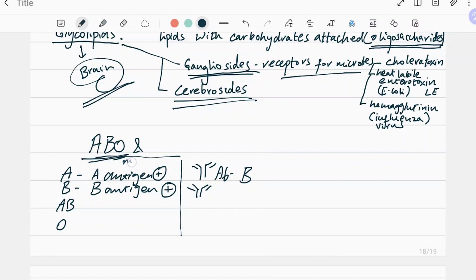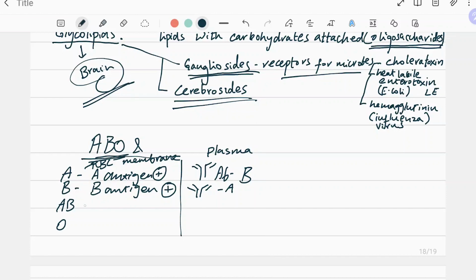So on the membrane of the RBC you have these antigens, and in the plasma or serum, what you have is the antibodies floating. Which antibody do you have here? In B blood group, you have antibody against A antigen because it's not present in the body.